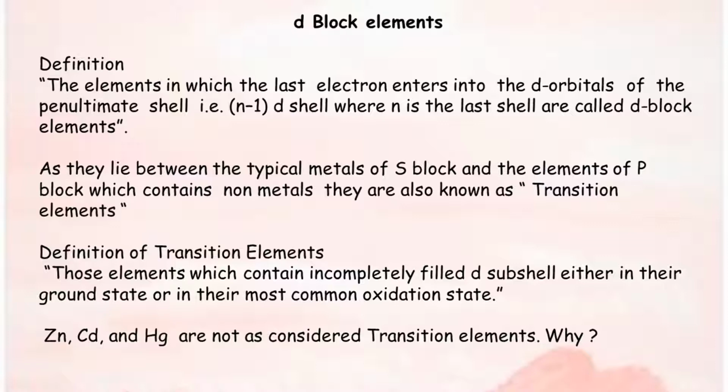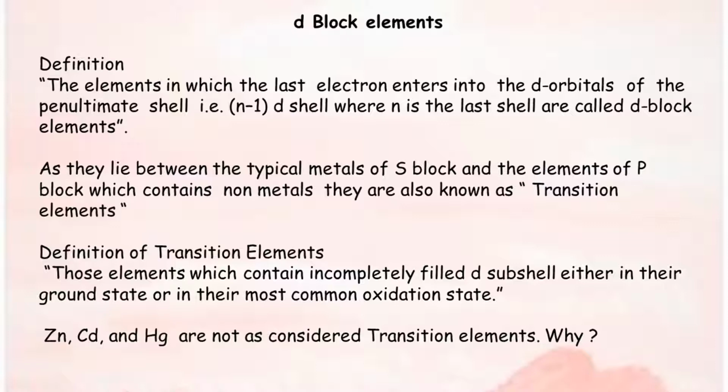Zinc, cadmium, and mercury, although included with D block elements, are not transition elements because they do not come under the purview of the definition of transition metals. As per the definition, they must have an incompletely filled D subshell.